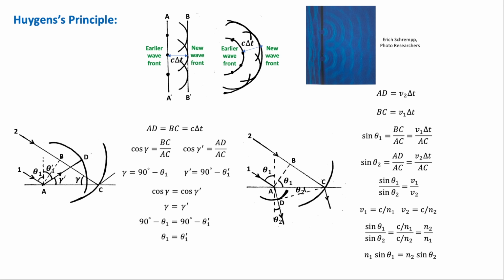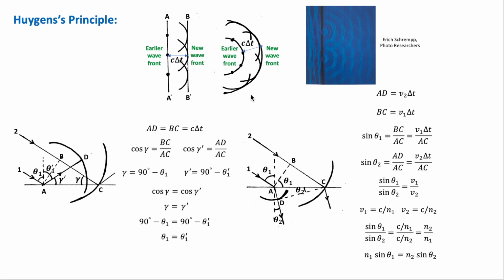So from Huygens' principle, after some time interval has passed, the new wavefront is the surface that is tangent to the wavelets. To understand this, let's consider this figure here, which shows Huygens' construction for the case of propagation of a plane wave and for the case of propagation of a spherical wave.